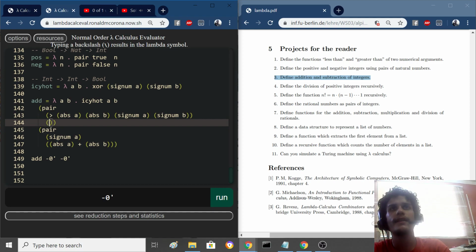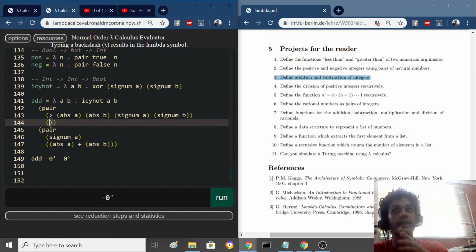Now that's the sign. Now how about what the result is if the signs are different, right? Well, it's actually going to be whatever the bigger one is minus whatever the smaller one is. So if we do 2 minus 5, the bigger one is actually the 5 and the smaller one is actually the 2 if we're talking about the absolute values.